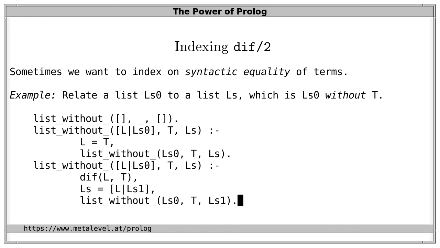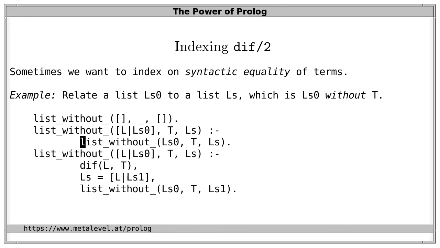So first of all, let's pull everything we can into the actual arguments. For instance, we can pull this explicit equality, L is equal to t, directly into the clause head by simply replacing this t with L, wherever it occurs in this clause. Because we know that this clause only holds if L and t are equal, right? So we can simply use the same variable for both.